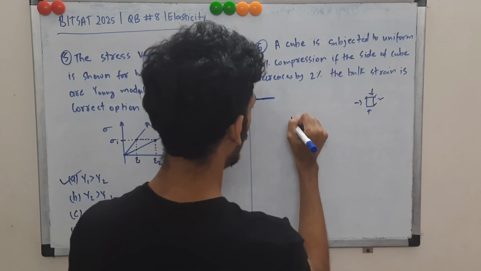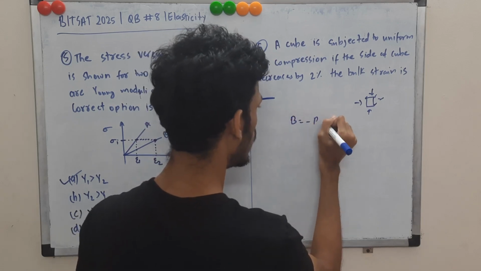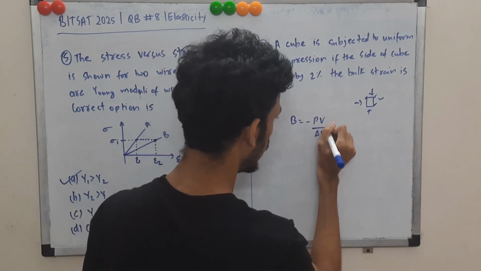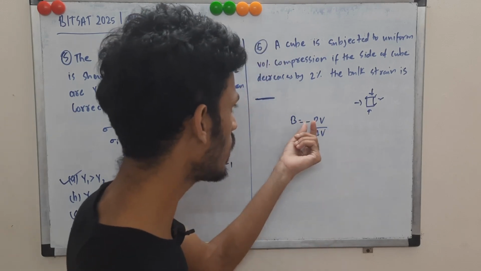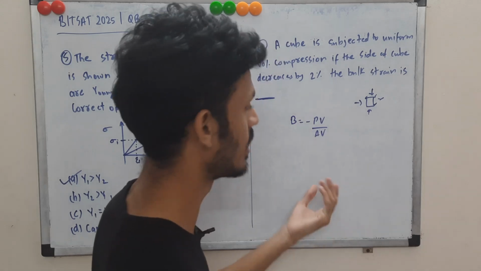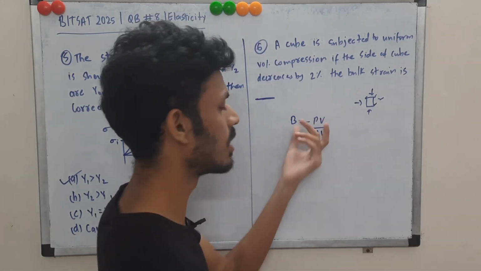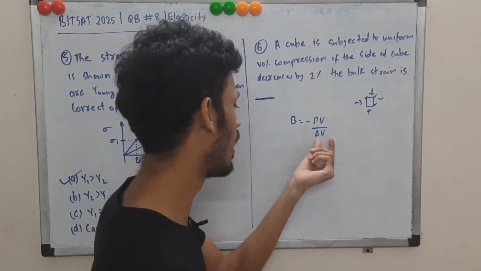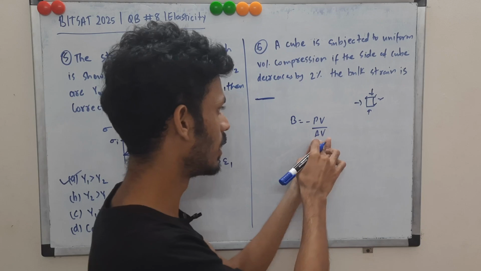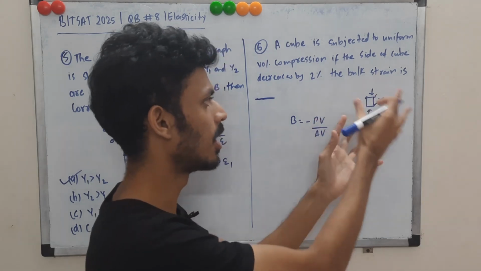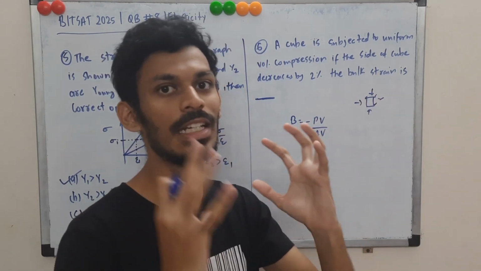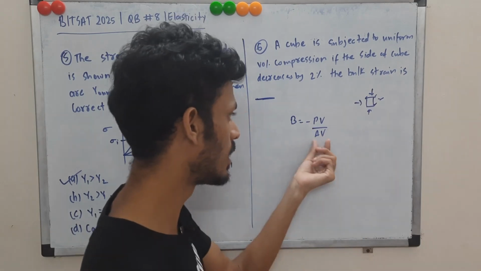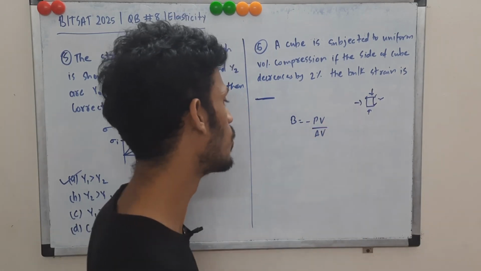Now the formula for bulk modulus is minus P V by delta V, right? The stress by strain again, modulus, right? So stress by strain. So stress is a pressure, right? Force per unit area again, and then we have change in dimension to original dimension. Now in the bulk modulus, you are changing the volume, right? So it's delta V by V. So that V goes on top.